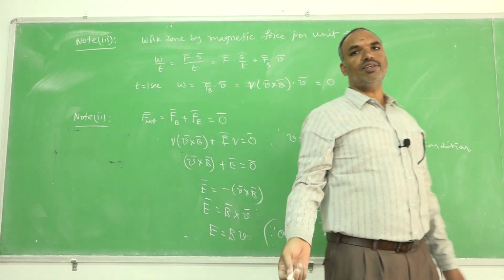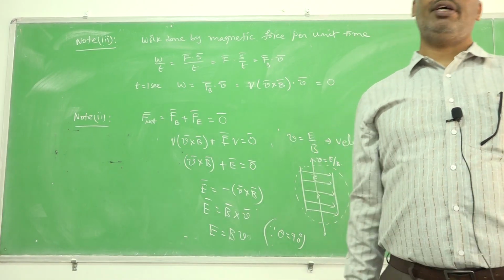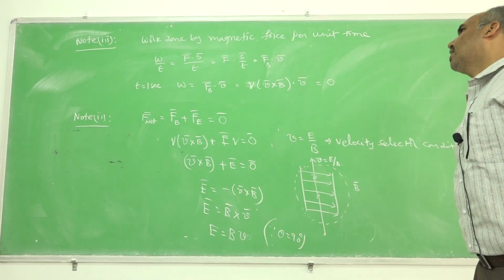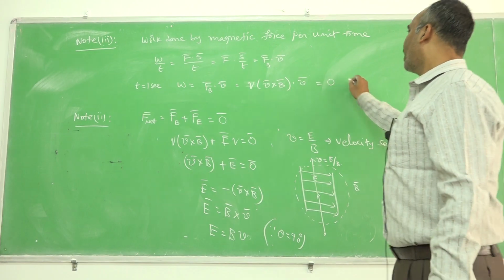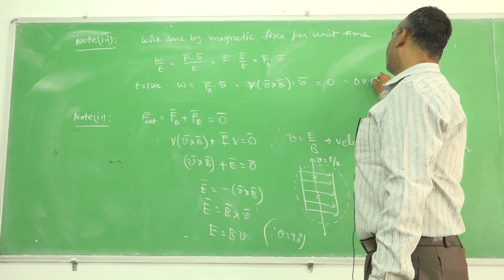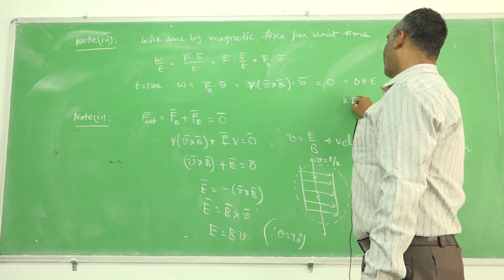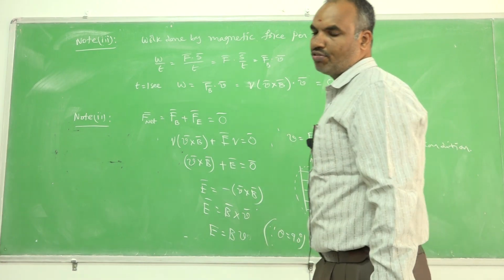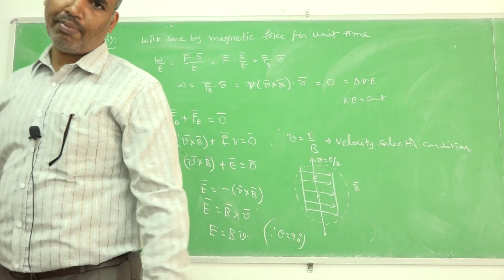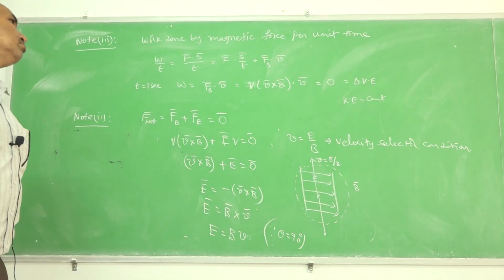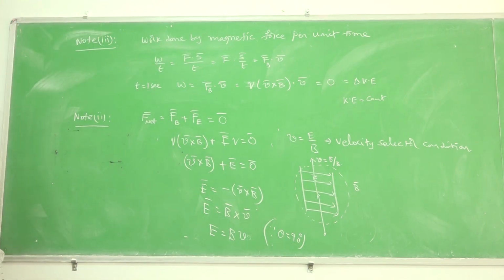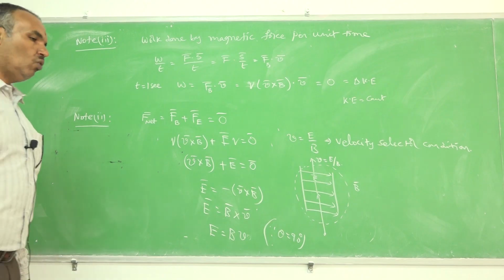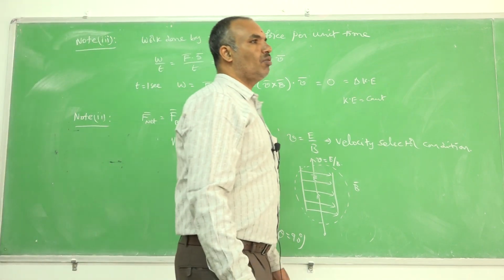As work done is 0, work done can be taken as change in kinetic energy. So the change in kinetic energy is 0. So kinetic energy of the particle is always constant. That's what I said in the first note. Whenever we apply magnetic field over a charged particle which is moving through it, only the magnetic field deviates the path of the particle.